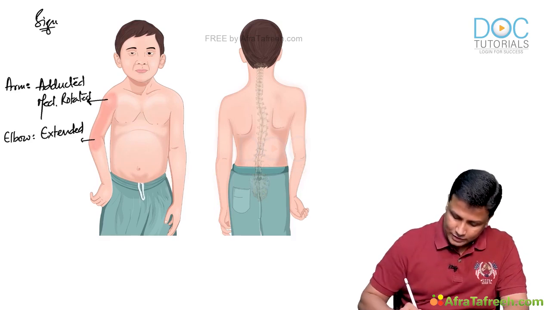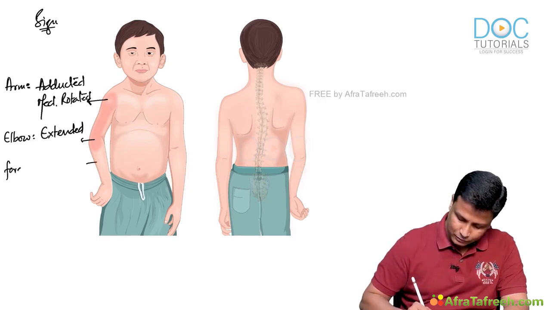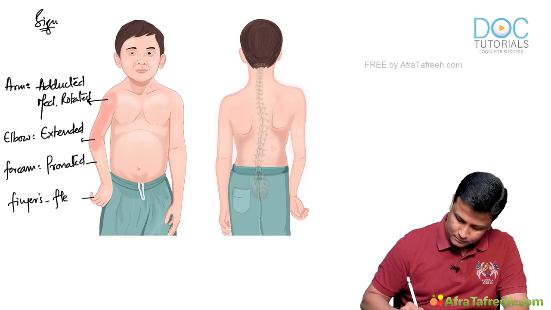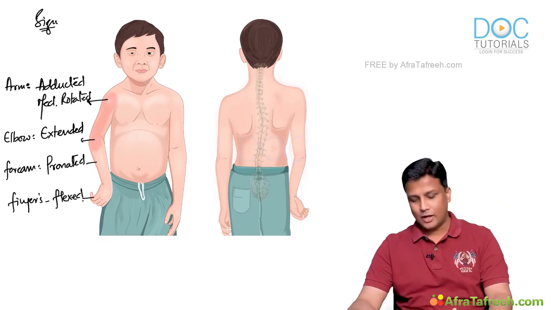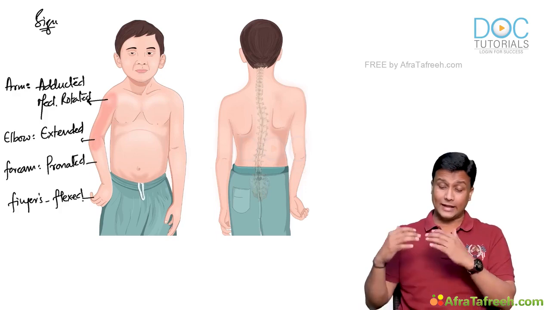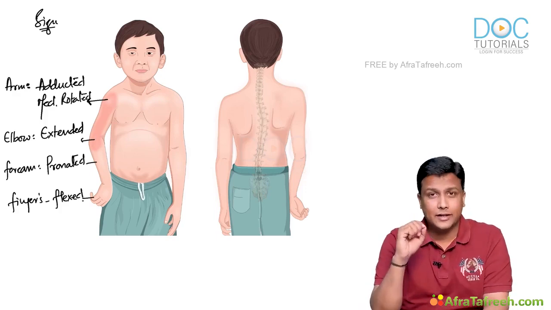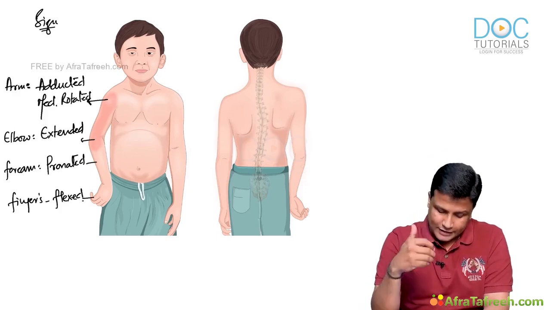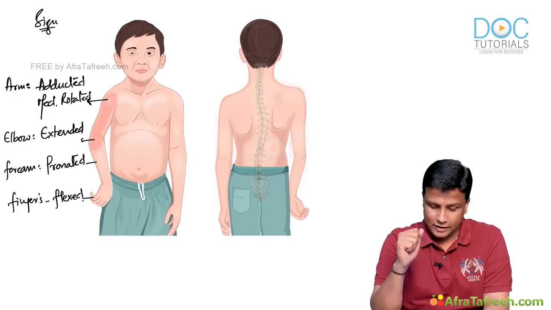And the next thing will be the forearm here. Remember, the forearm will be pronated. And you can see the fingers flexed there. Is it fine? So you actually have to know this in sequence, guys. The arm will be adducted and medially rotated, the elbow is extended, the forearm is pronated and the fingers are flexed.